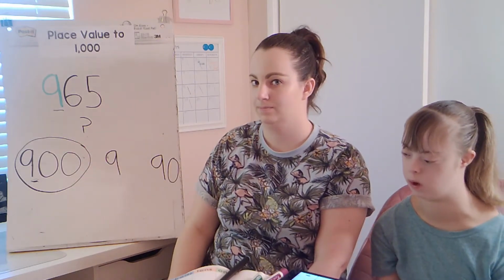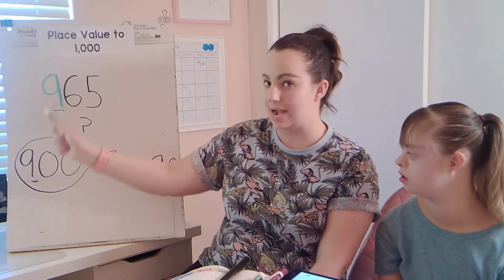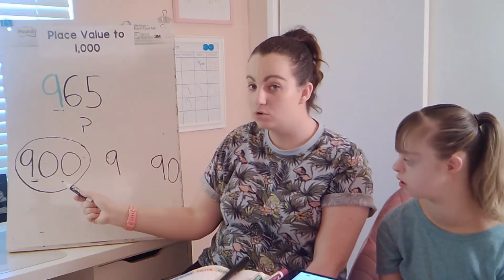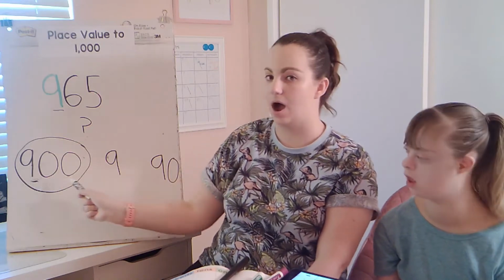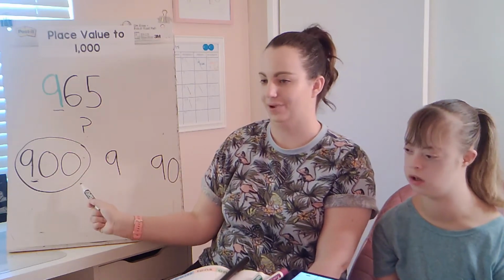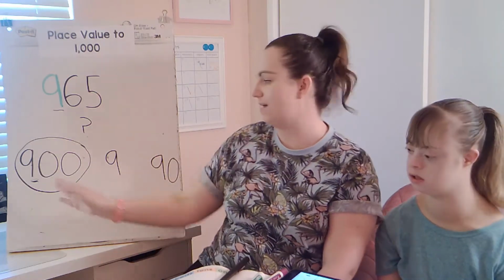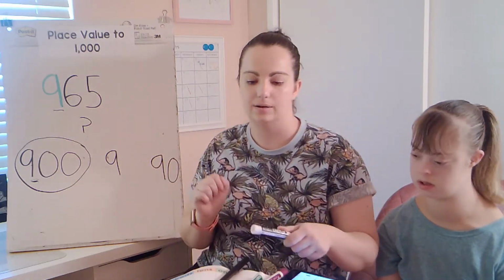So the 9 in 965 has the place value of 900. I like that we have 3 choices. We can see it. Kaylee and I will come back with a few more problems in just a few seconds.